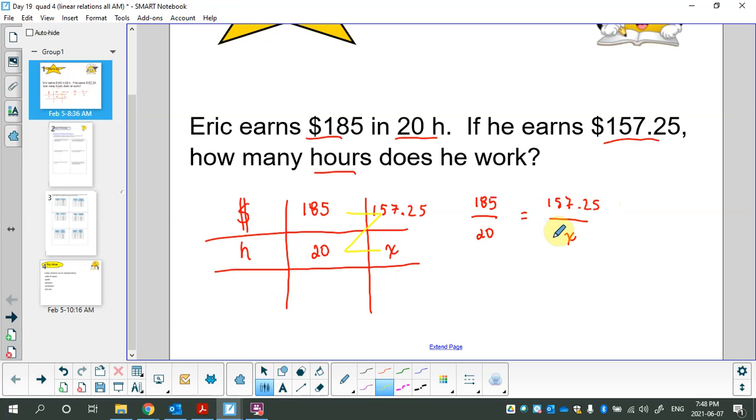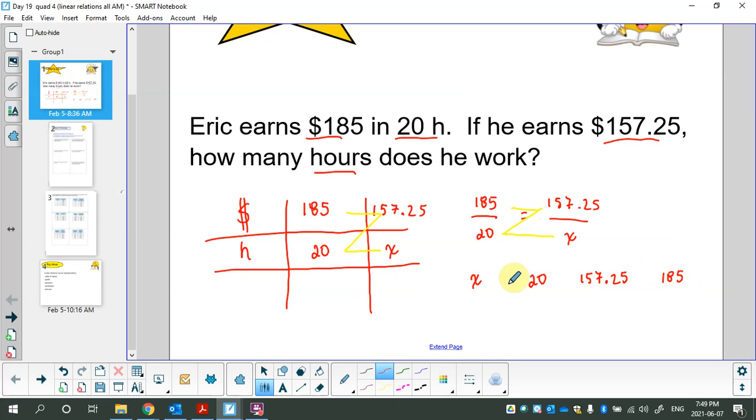And again, we can zigzag. Start at the letter, go to the next number, zigzag, and then end up at the 185.